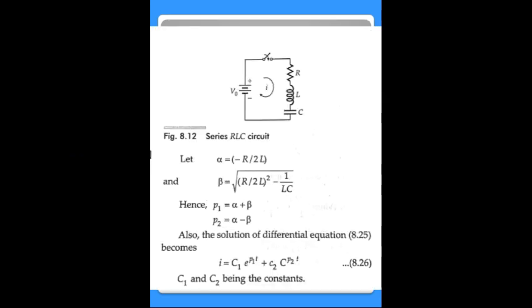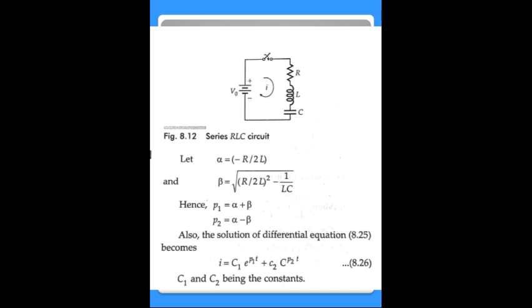Now, in the given circuit, alpha is equal to minus R/2L and beta is equal to the square root of (R/2L)² minus 1/LC. Hence, the first root P1 is equal to alpha plus beta and the second root P2 is equal to alpha minus beta.